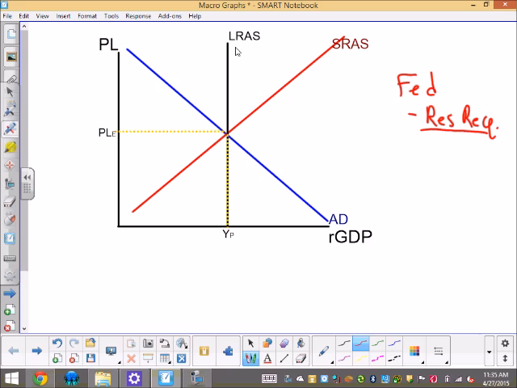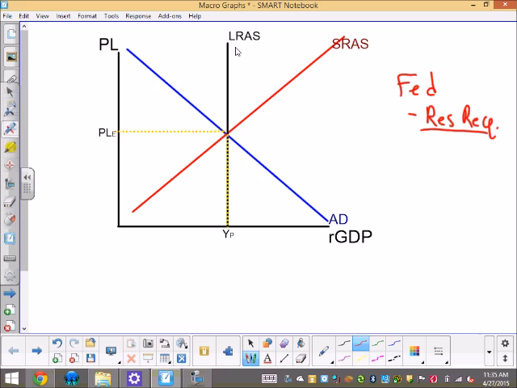So a big reserve requirement would do what to that multiplier? It would reduce it, which means we'd have less money. And a smaller reserve requirement would do what to the money multiplier? Increase it. Therefore, you would end up with more money.